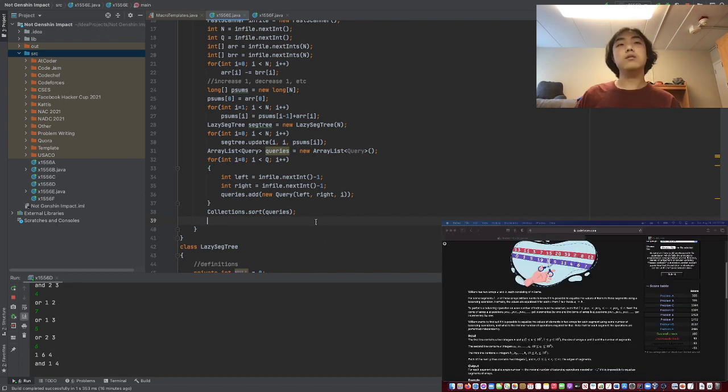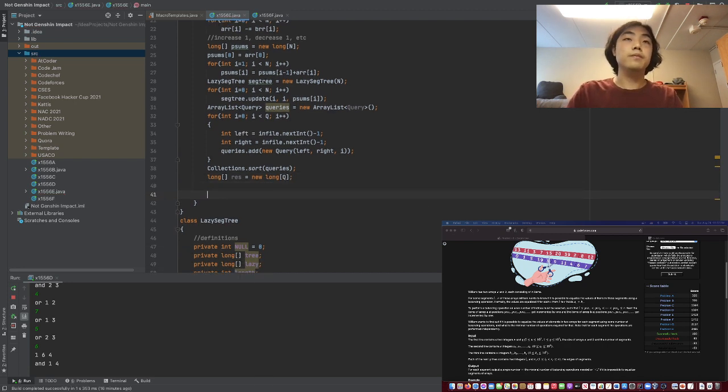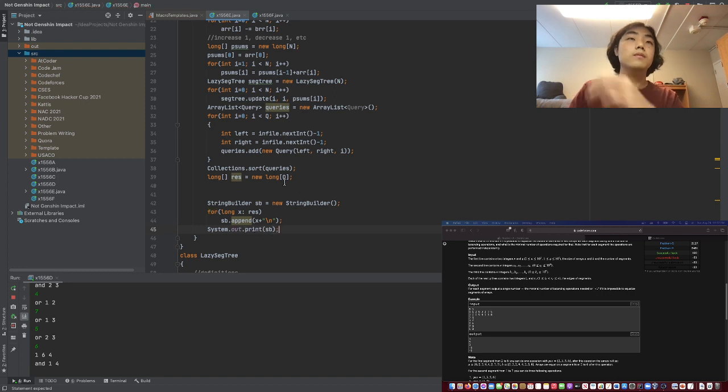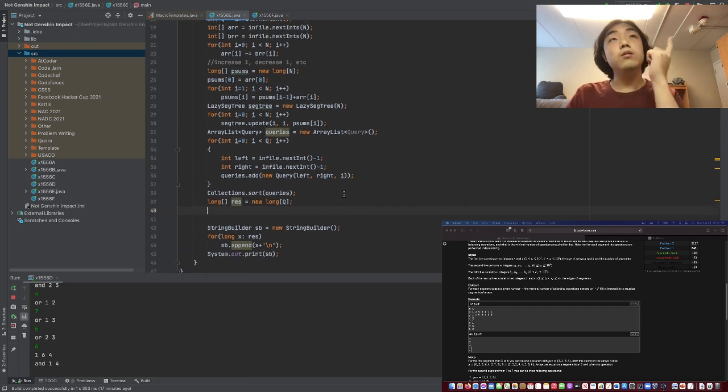So after we processed these queries, we do this, and then we have our seg tree set up.